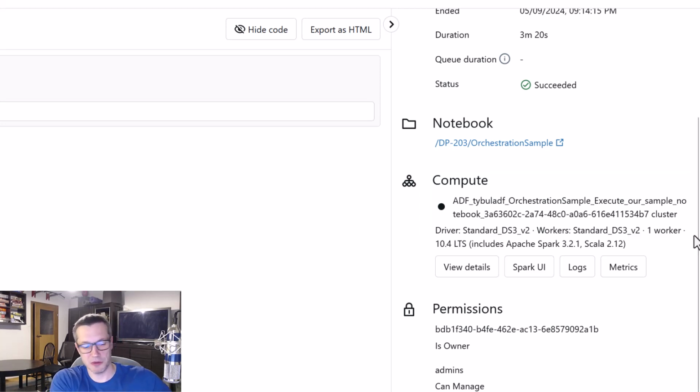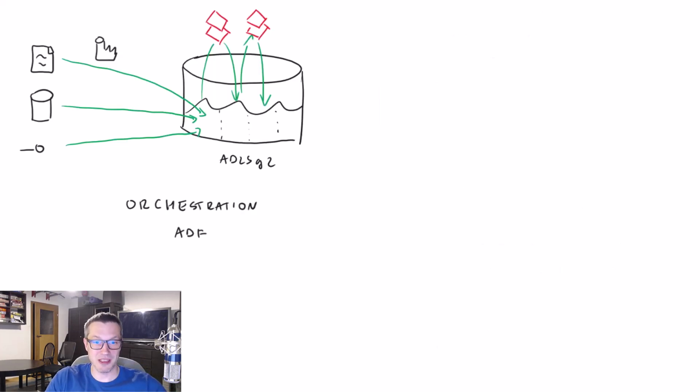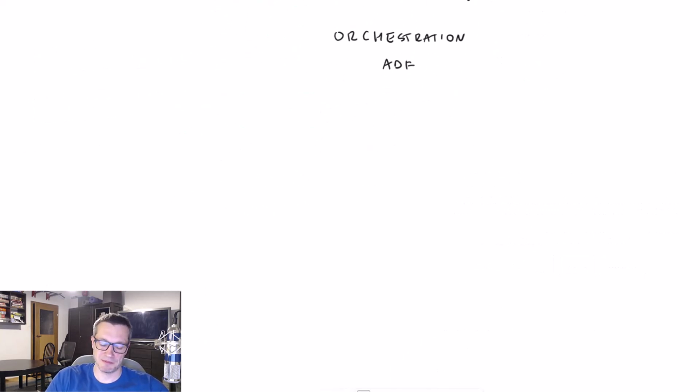All right, so let's pause here for a second and let me summarize this, because I know it was a lot of stuff. So when we are orchestrating Databricks execution from ADF, which is usually a pretty good option, you have to think about a few things. So let's start with the authentication types. You can use managed identity.